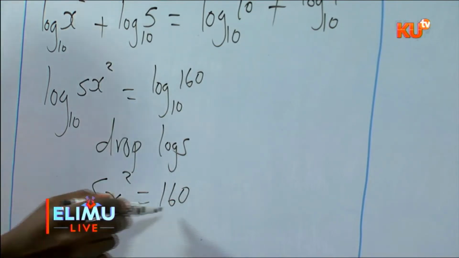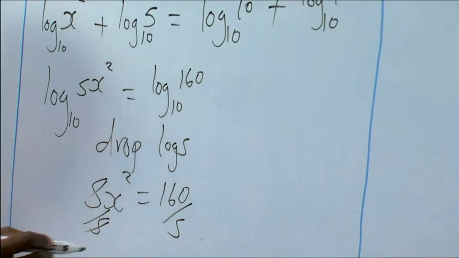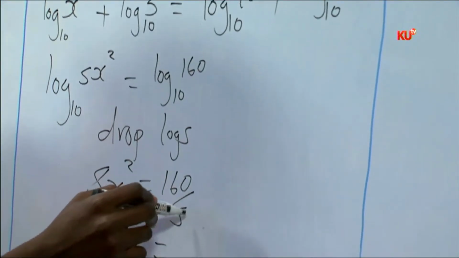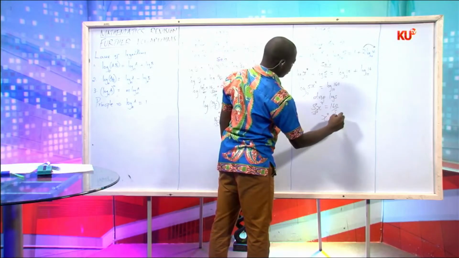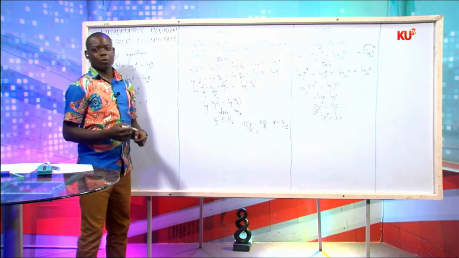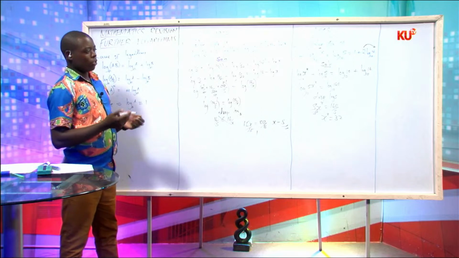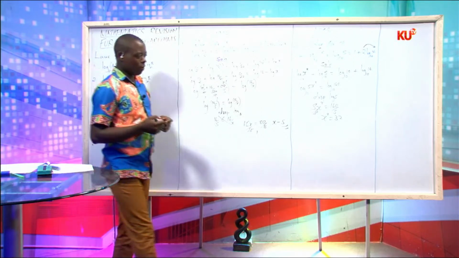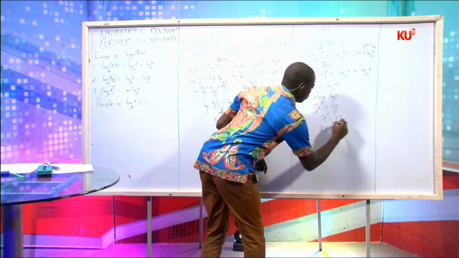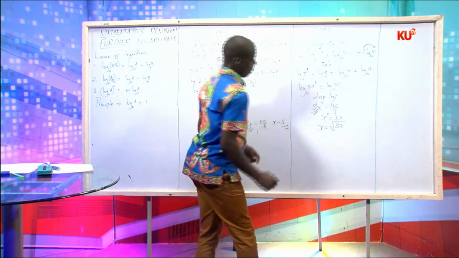Then we divide by 5. We get x squared is equal to 32. X squared is equal to 32. So we need to solve for x. And so we'll find the square root on both sides. X becomes the square root of 32.